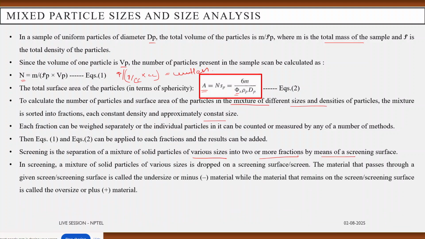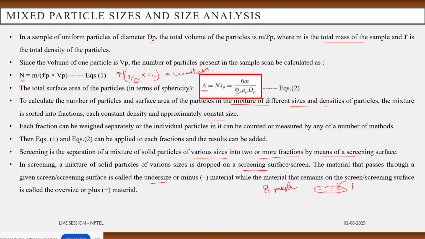In screening, a mixture of solid particles of various sizes is dropped onto the screening surface. The material that passes through the screen surface is called the undersize of the screen, and it is denoted as minus. Suppose your screen size is 8 mesh. This is your screen, and there will be some openings.